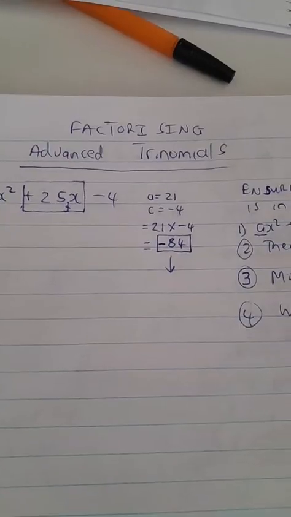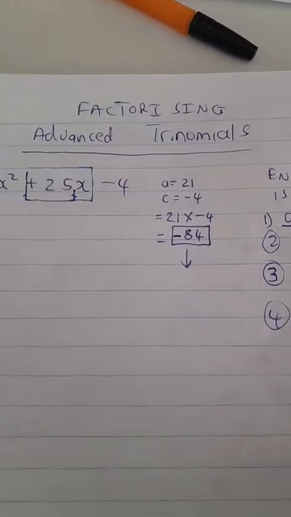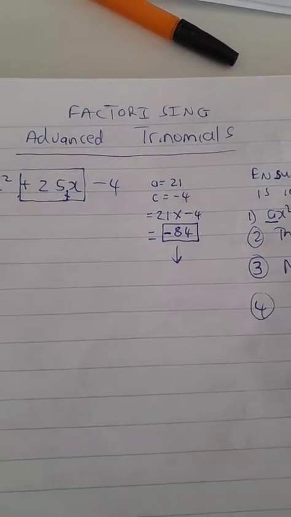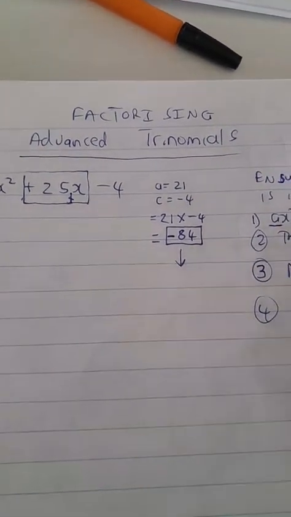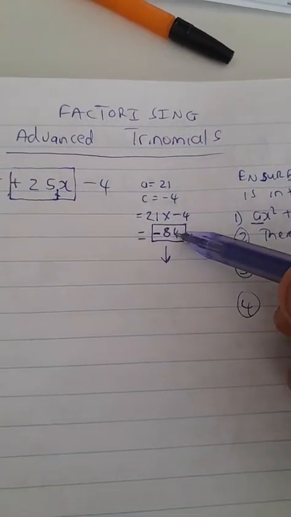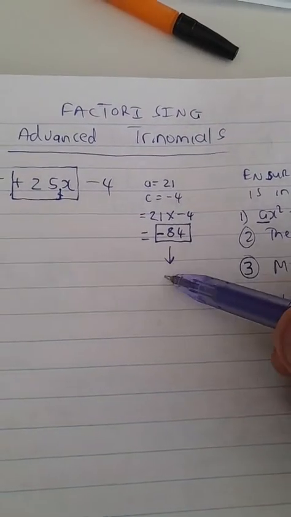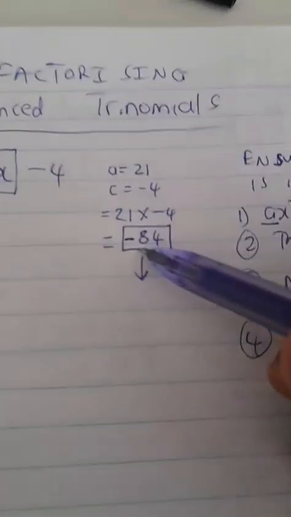So I'm going to wait for you guys to tell me what those factors are. Obviously, one of the numbers will be positive and the other one will be negative, because negative 84 suggests that the numbers we are going to add together will have different signs, which is very important.